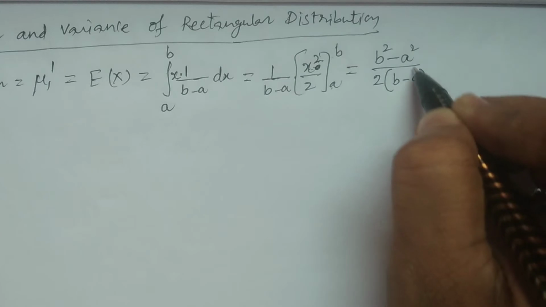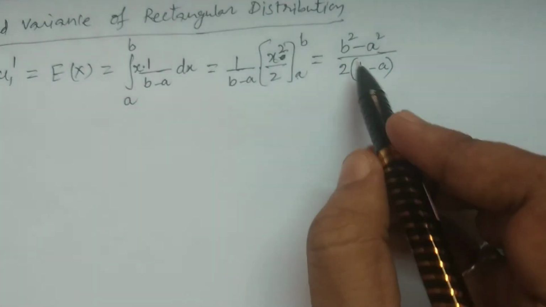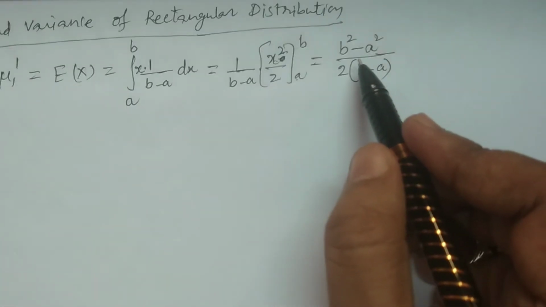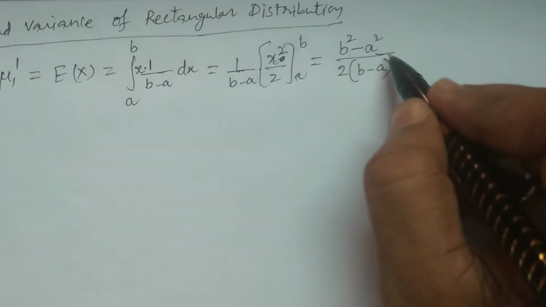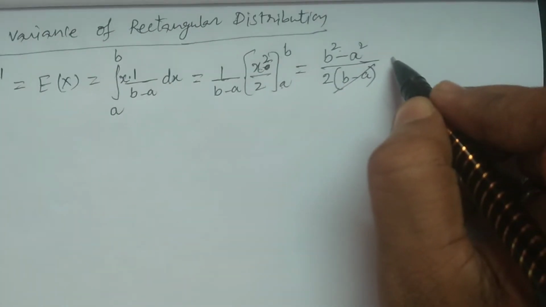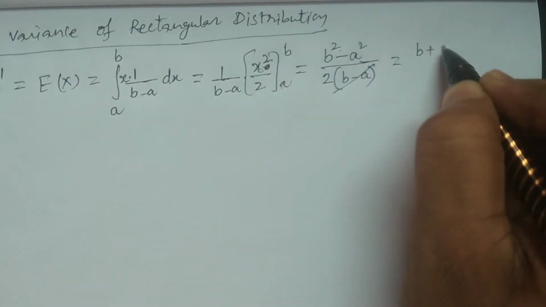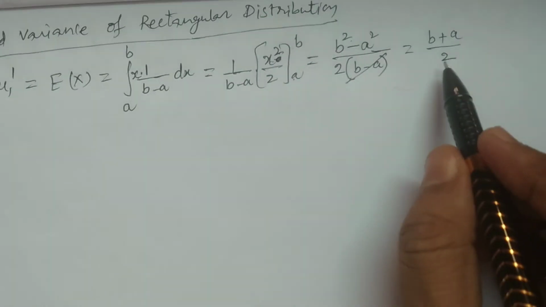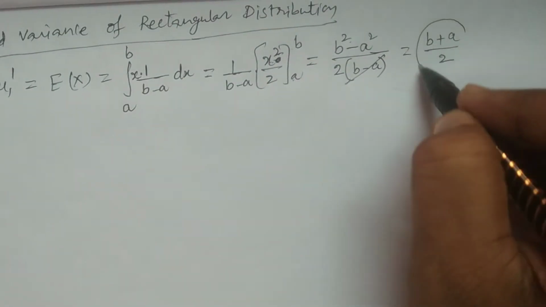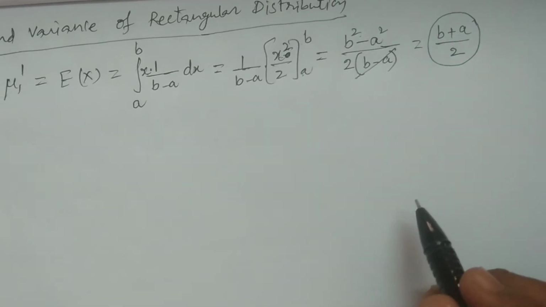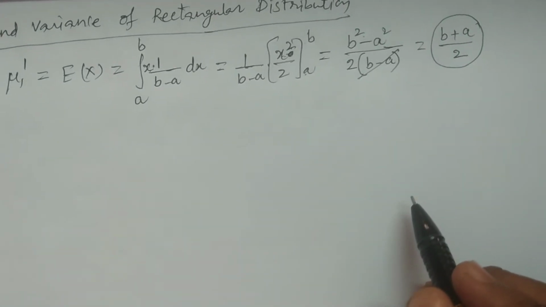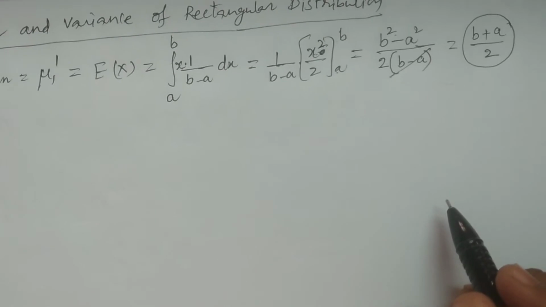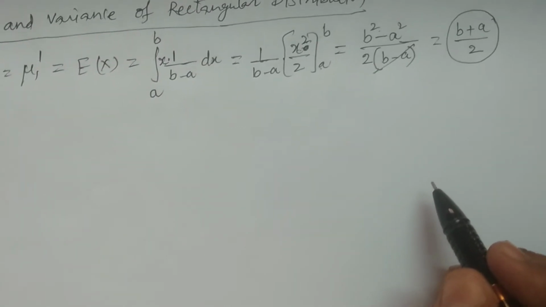So b square minus a square can be written as b minus a into b plus a. Therefore b minus a will get cancelled, and the remaining value is b plus a divided by 2. So the mean of the rectangular distribution, mu1 dash, the expectation of x, is b plus a by 2.